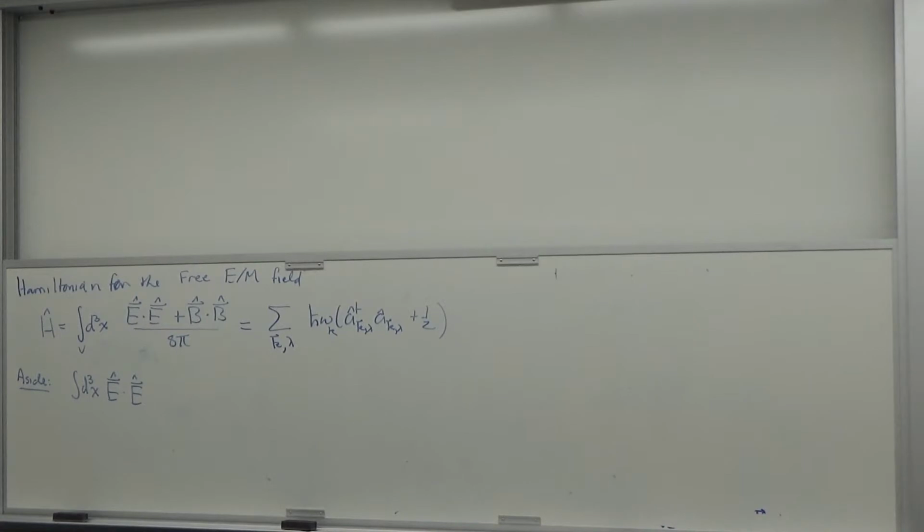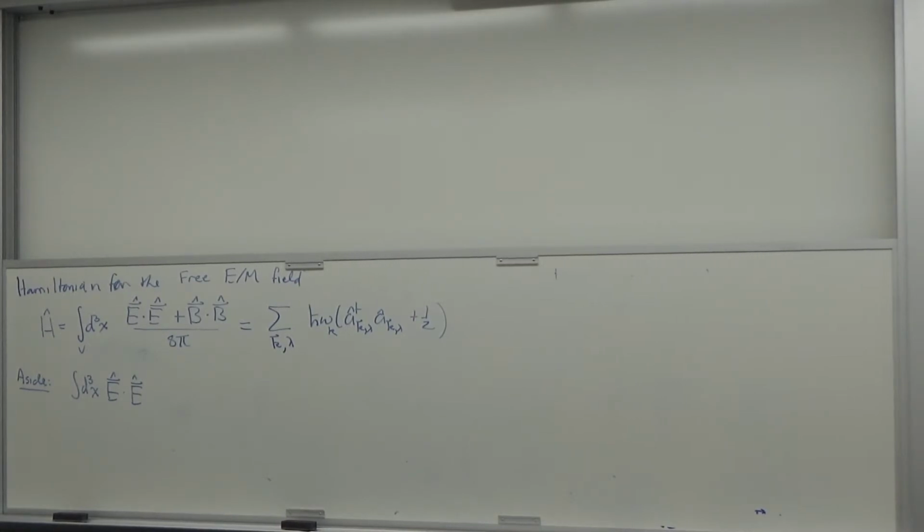Notice all of our quantum field has terms that depend on the A's and terms that depend on the A daggers, the Hermitian conjugates of one another. The terms that go like A for the free field go like e to the minus i omega t, and the other ones go as e to the plus i omega t.